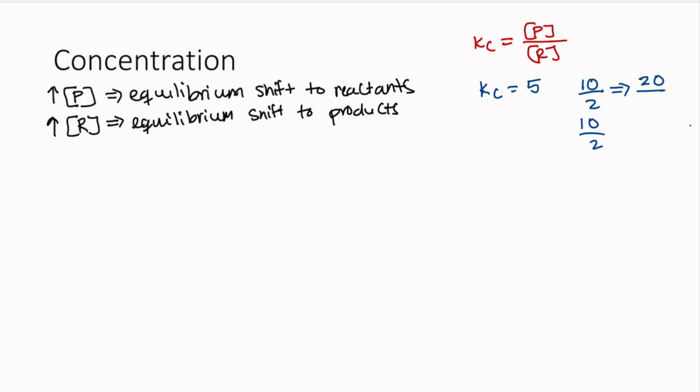Now, if we increase our reactants, let's say we double that to 4, in order for my Kc to be equal to 5, I'm going to have to get more products. So if I increase my reactants, then the equilibrium system is going to have to shift towards the products. Now let's look if we decrease the concentration of our products.